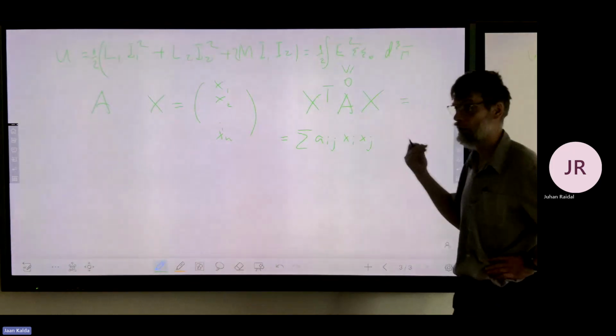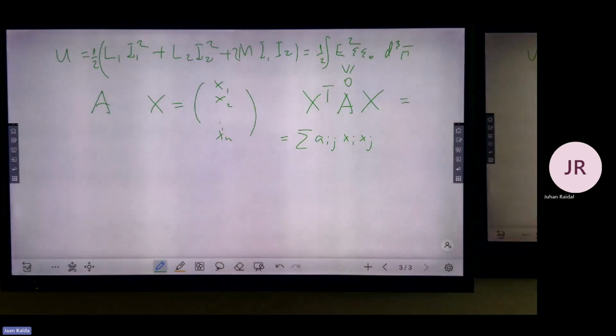It is like a homogeneous quadratic polynomial. This is called a quadratic form, and they can be positive definite, negative definite, non-positive, non-negative, and indefinite, meaning which signs they can take.